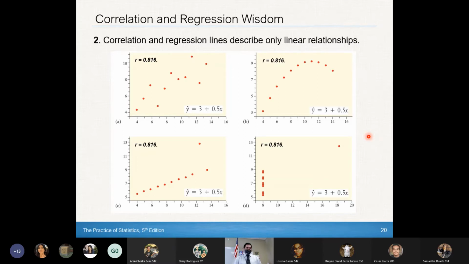It's definitely not going to find values that we expect based on a majority of the rest of the values. So again, the main point is the correlation and regression lines are only for linear relationships. So you have to be mindful of that. Is there any clarification I can provide on this?